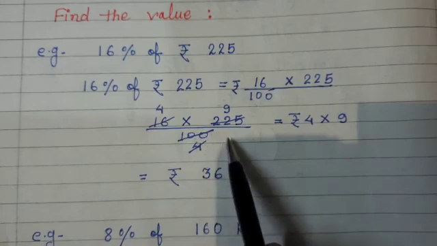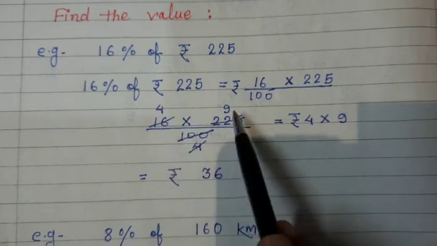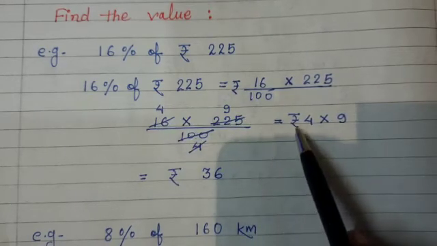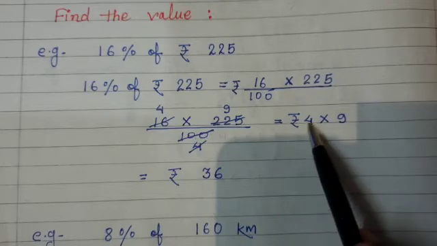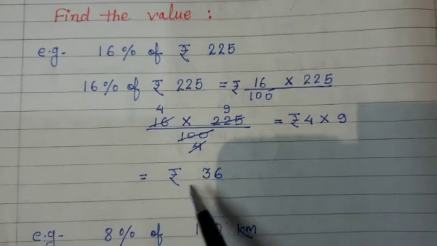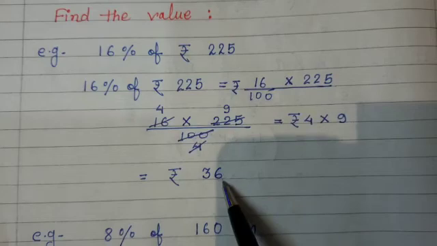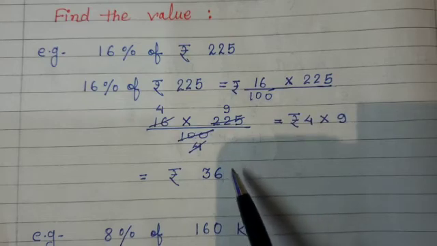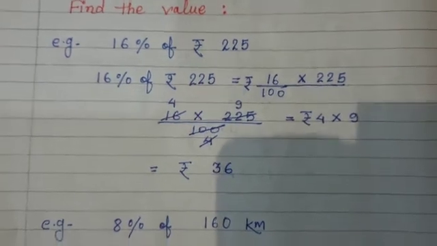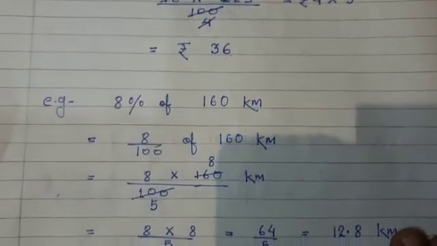Therefore, we can write 4 into 9 and the amount is in rupees. So, rupees 4 into 9 is equal to rupees 36. I think it is clear to you. It will be more clear when we see another example.